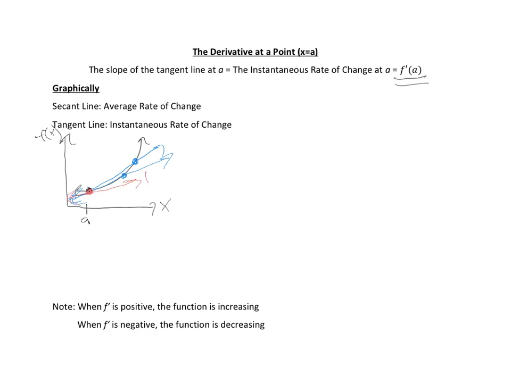And this is what we mean by the tangent line. Notice that it's exactly only touching our function value at A. And so f prime of A would be the same thing as the slope of the tangent line.